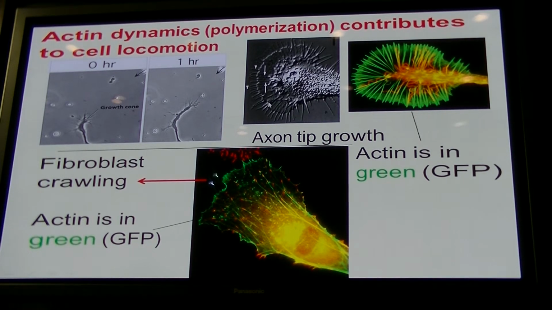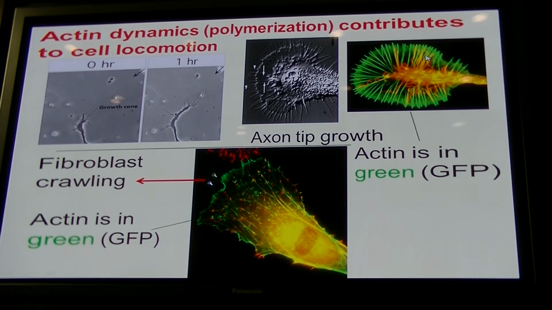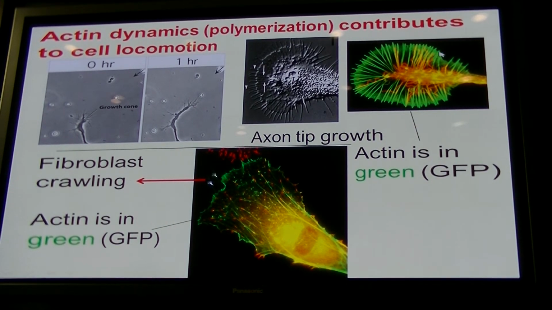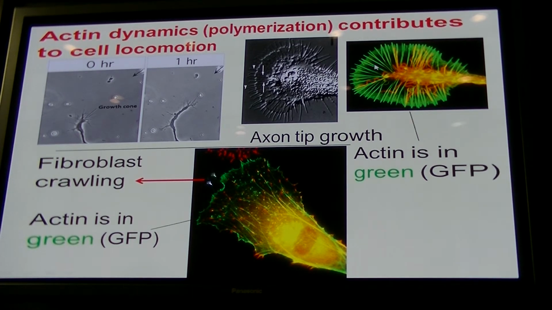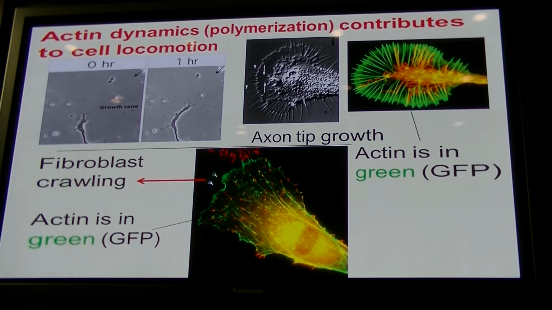And here we can see the tip of such an axon. And this is just a phase contrast image again. If we do staining using fluorescent microscopy, we can see here in green the actin. And the actin is polymerizing and it's pushing these small feet-like elements out from the cell so that it can grow in this one direction.